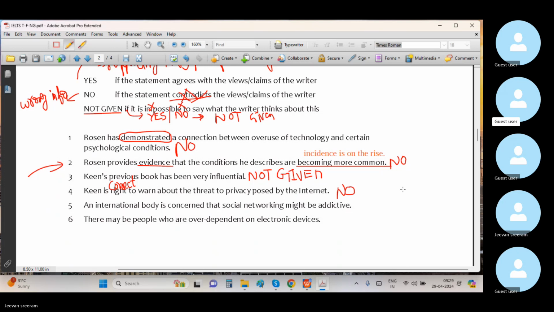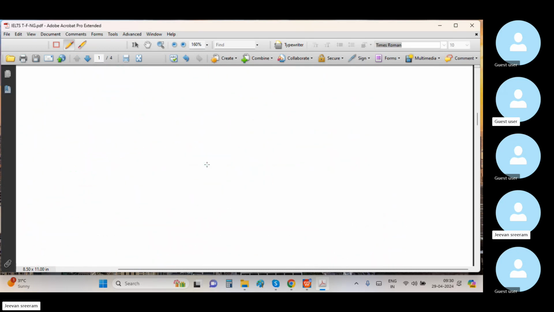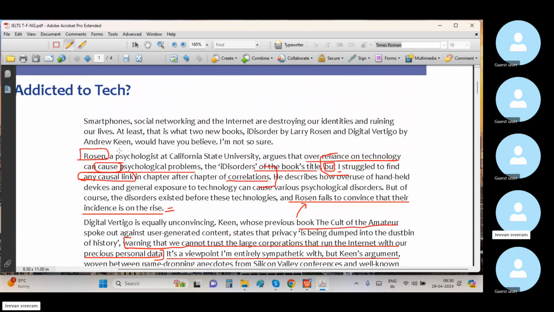Actually, it looks like a conversation between two persons. Kind of. The author is presenting information about what different people said. Yes, actually, sir. The author is presenting his opinion, his views, based on what different people said about social networking, about the internet and all. So first he presented his views on Rosen's book.